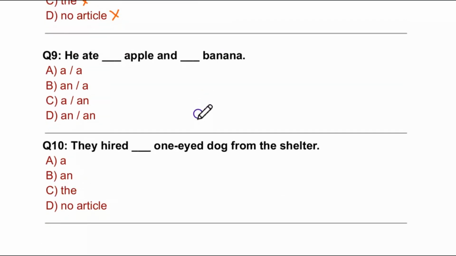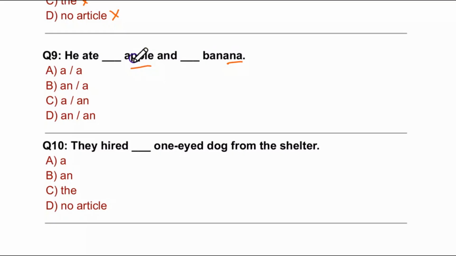Question 9. He ate blank apple and blank banana. We have two nouns here, apple and banana. What's the first letter sound of apple?